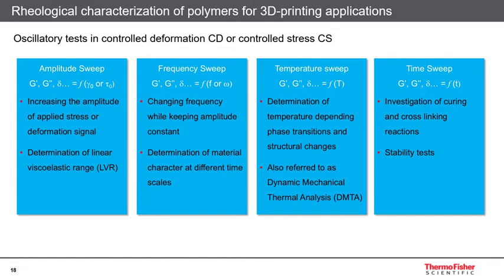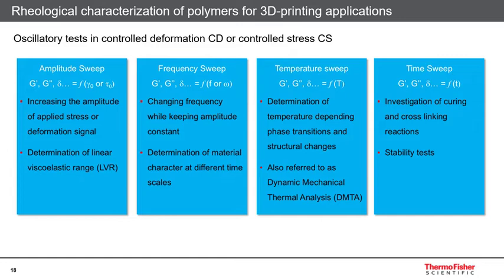One of the most important and most frequently used tests when investigating the rheological behavior of polymer melts is the frequency sweep test. The information gained from this test mode is manifold. For instance, shear rate dependent viscosity data can be obtained by utilization of the Cox-Merz rule. This information allows for quantifying the flow resistance of a material during high shear processing applications, such as injection molding or 3D printing.